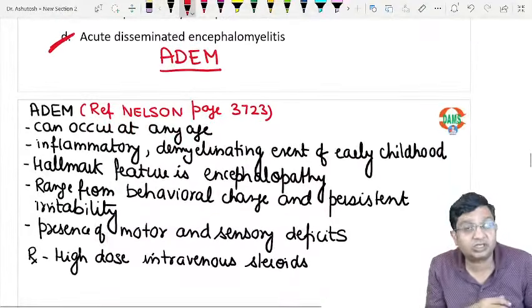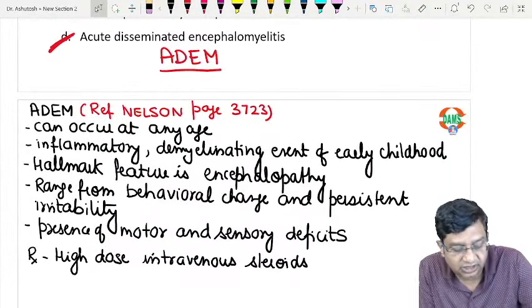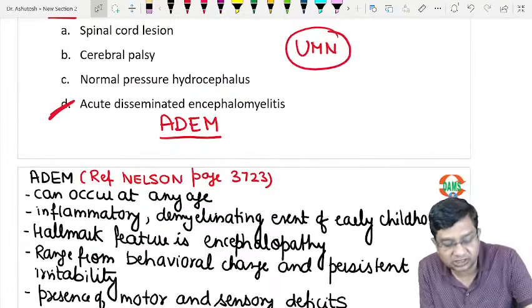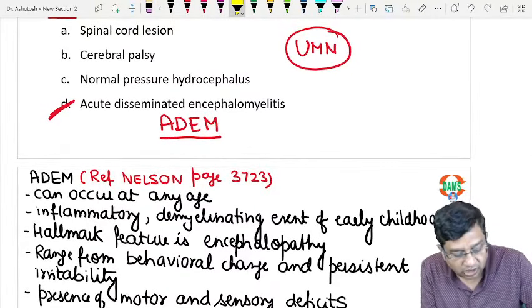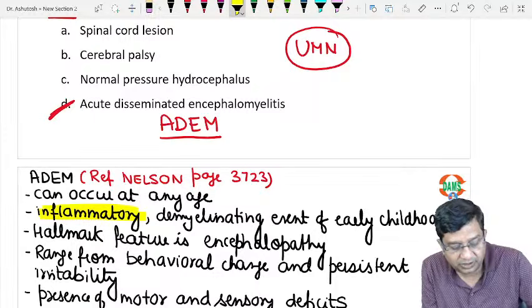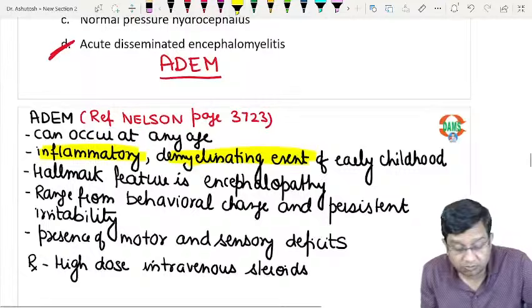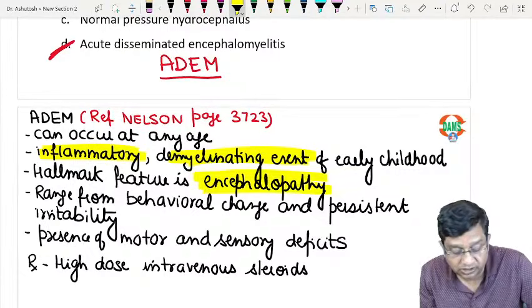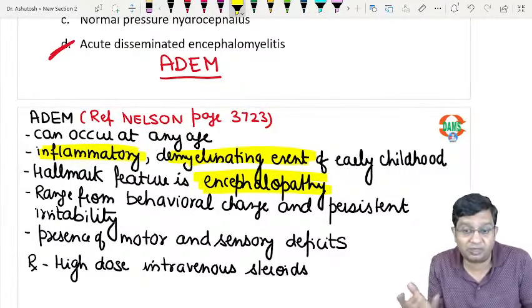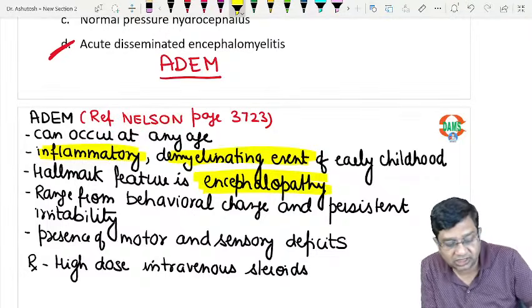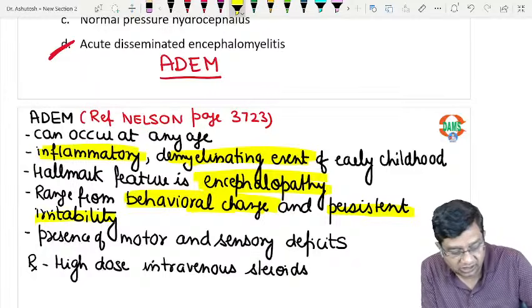I have taken some important things related to ADEM. Reference is Nelson page 3723. This can occur at any age. It is an inflammatory demyelinating event of early childhood. What is the hallmark feature? Encephalopathy, which can easily explain the behavioral changes. This can range from behavioral change to persistent irritability.